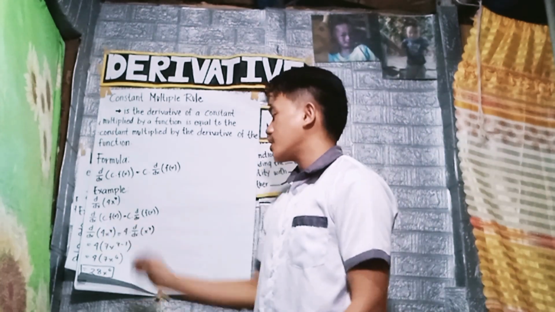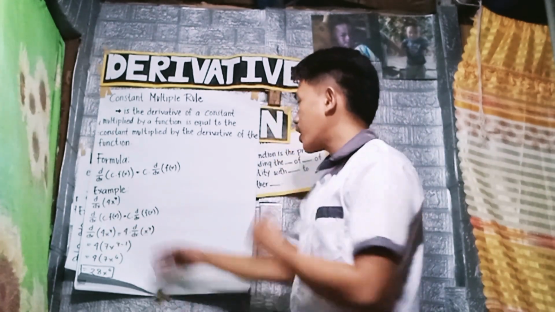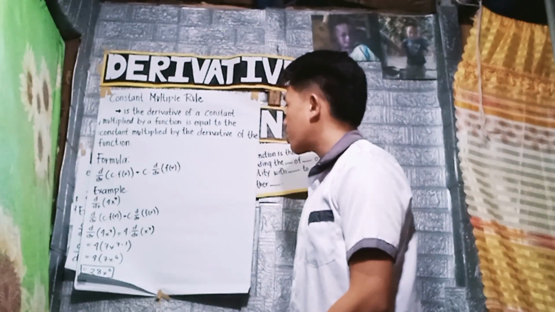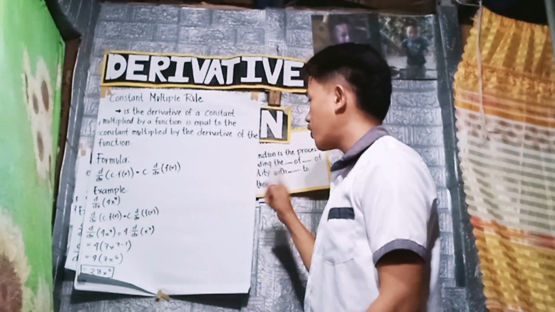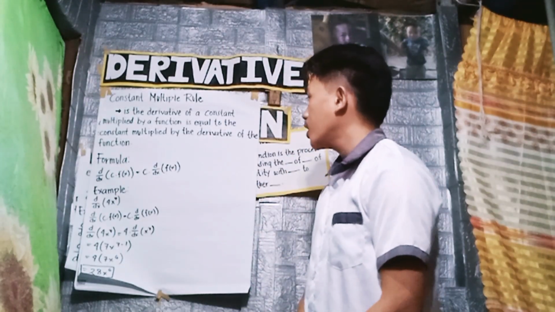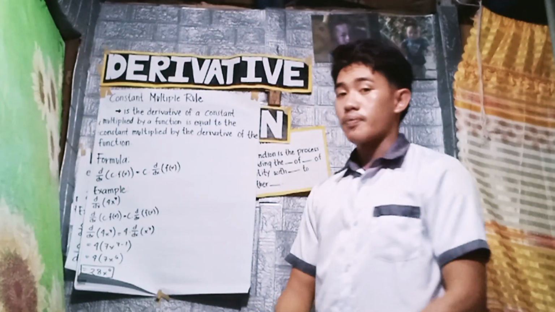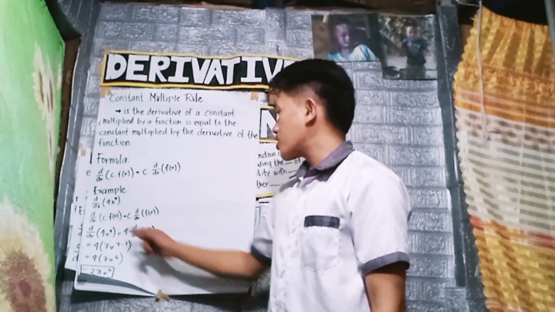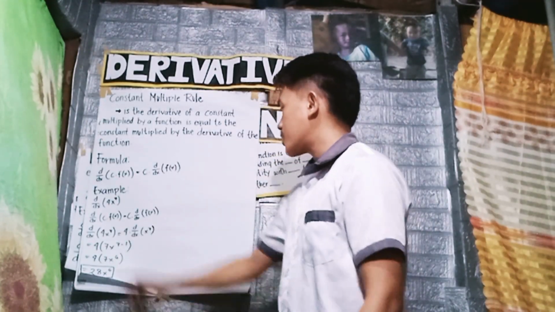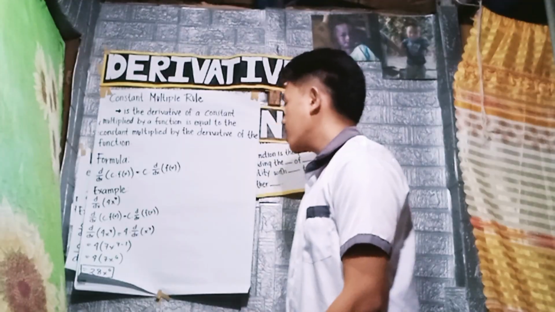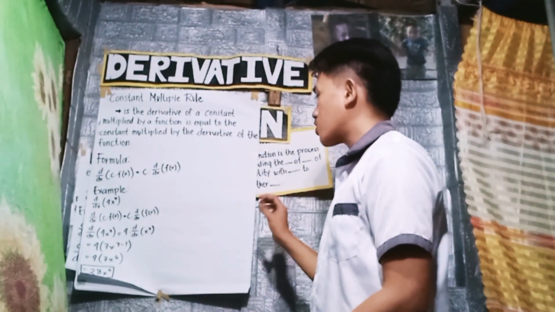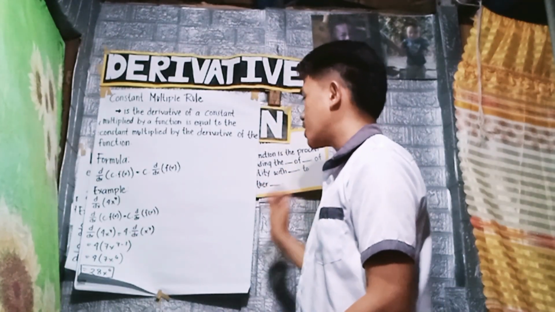So to get the answer of the derivative of 4x to the raised power of 7, we can apply the formula of constant multiple rule. The formula is d over dx of c times f(x) equals c times d over dx of f(x).